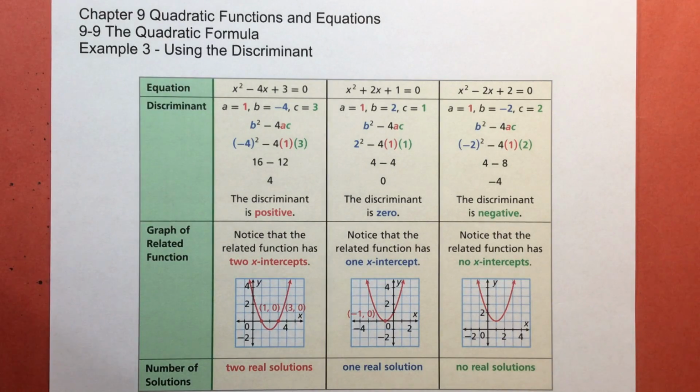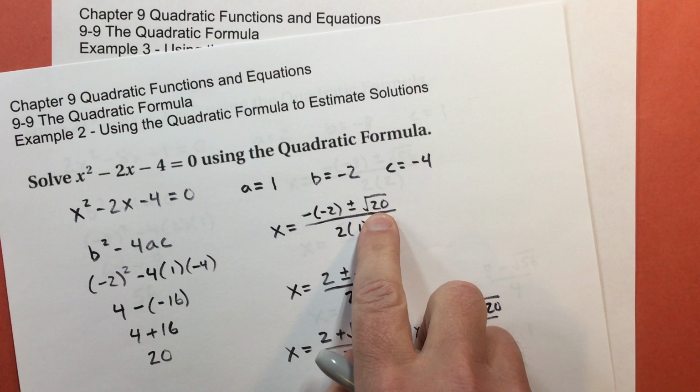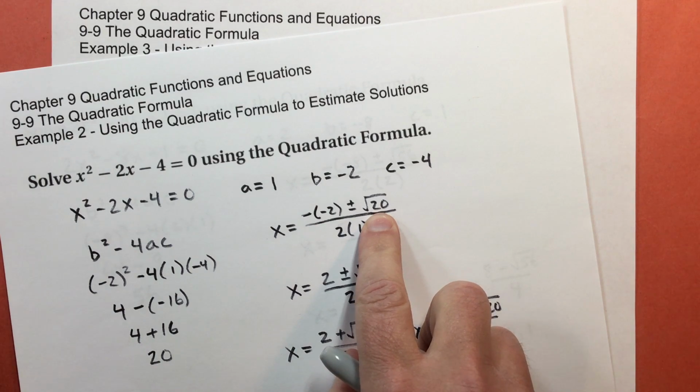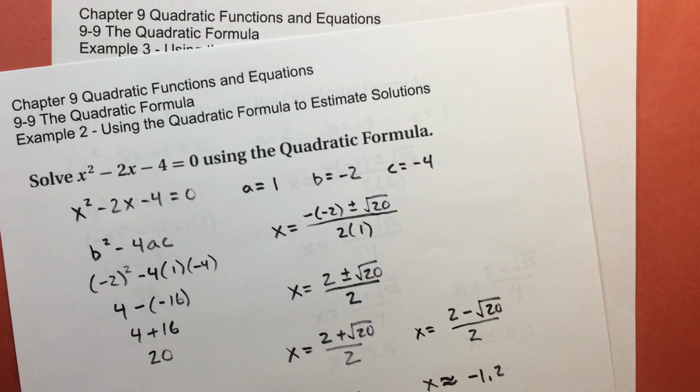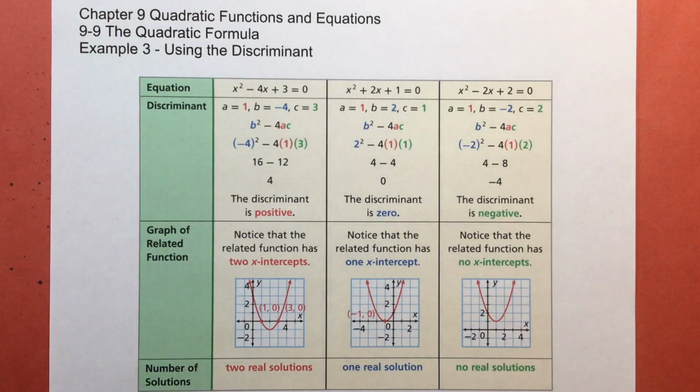In the second example, we ended up with like the square root of 20, which is not a perfect square, so when I did this problem, I had to estimate it. Well, there's a couple other weird things about square roots. The square root of 0 is 0.